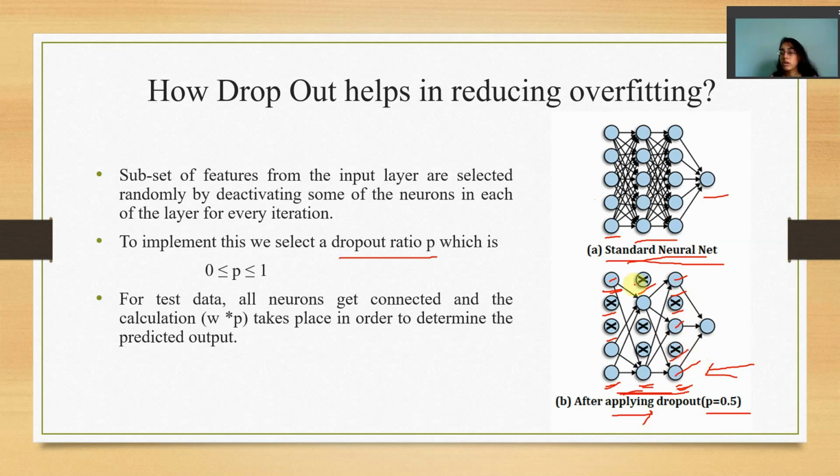Again, if you move to hidden layer 1, the weights for the second neuron and the fifth neuron will be updated, but the weights for the first, third and fourth will not be updated. Again, the same case in the input layer: the weights will be updated for the first, fourth and fifth neuron, but not for the second and the third neuron.